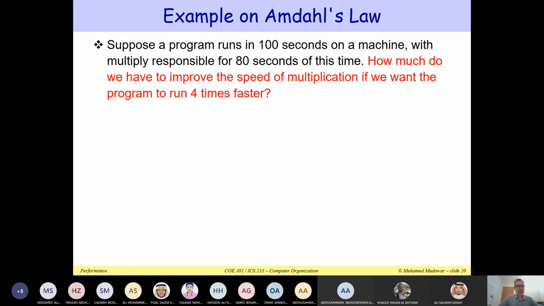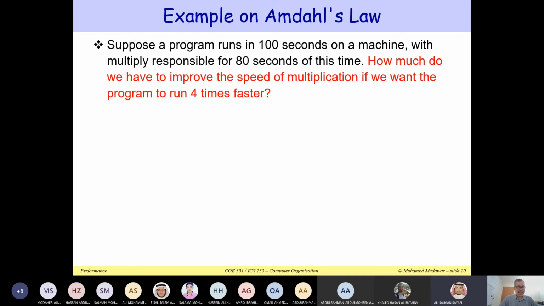Suppose that we have a program that runs in 100 seconds. So that's 100 seconds is my old execution time, with multiplication responsible for 80 seconds of this time. So can you tell me what F is here in this example? What is 80?